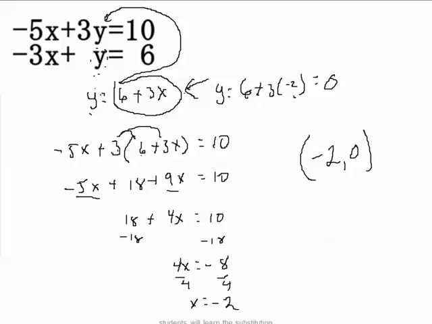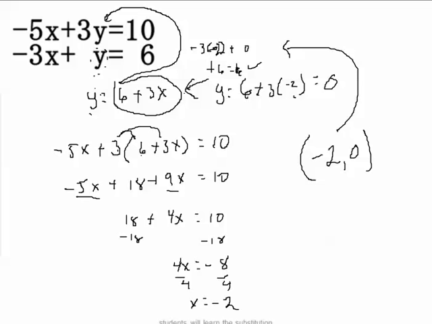You know what? Let's try that. If I stick this point into both of these two equations, see what I get. So I'm going to say negative 3 times negative 2 plus 0, that's a positive 6, is equal to 6. That's true.